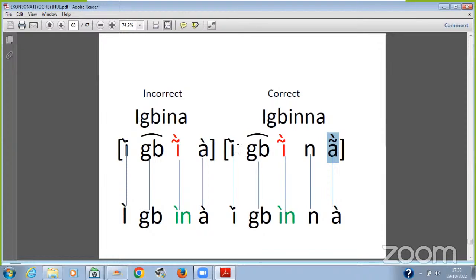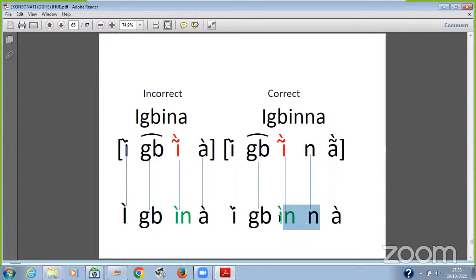So you have 3 syllables. The E is 1 syllable, B is 1 syllable, and then Na is another syllable. So you have 3 syllables, E, B, na. And so when you are writing it, if you write 2 N here, it is not a consonant cluster as some people will want you to believe. They belong to 2 different syllables.